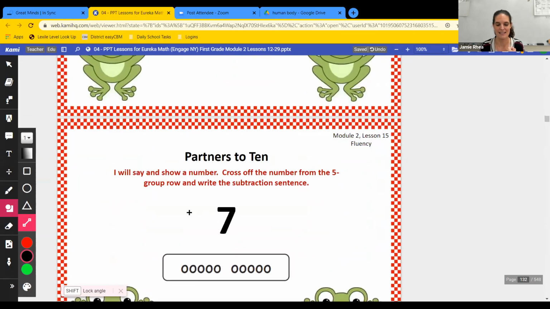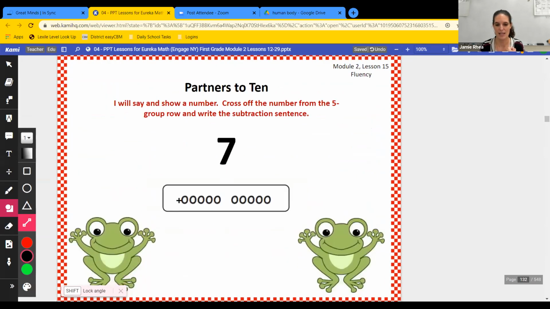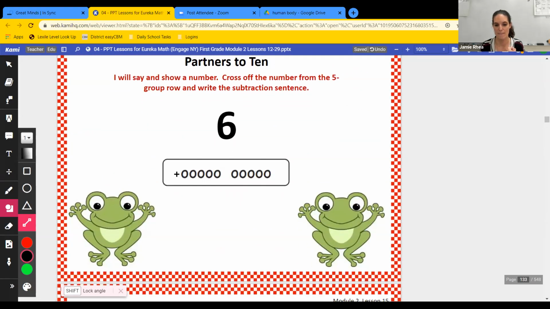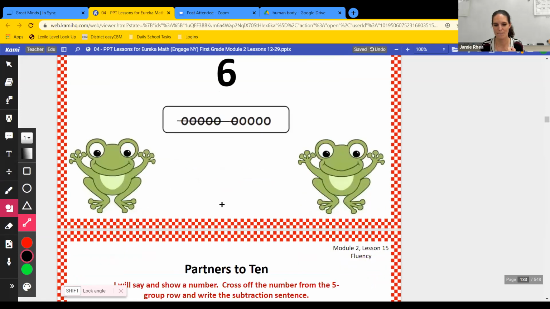See, easy, easy. Cross out 7. So 10 minus 7 leaves me with 3. Ooh, okay, so I have 10 minus 6 leaves me with 4.